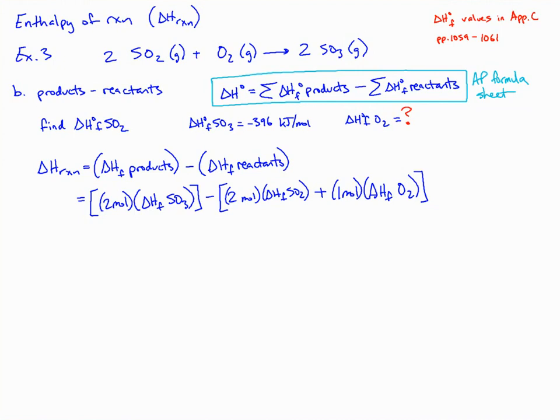So our delta H for the reaction was negative 198 kilojoules per mole. And let's see, we're looking for delta H of SO2, and that's this one right here.